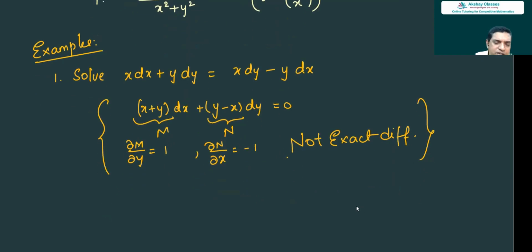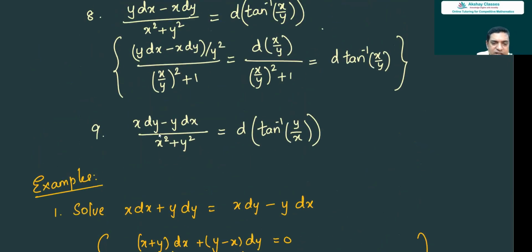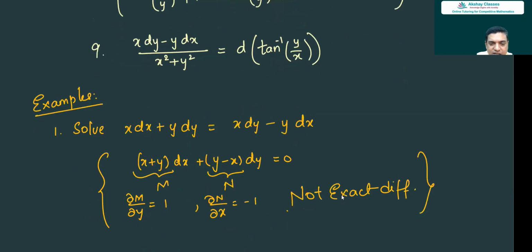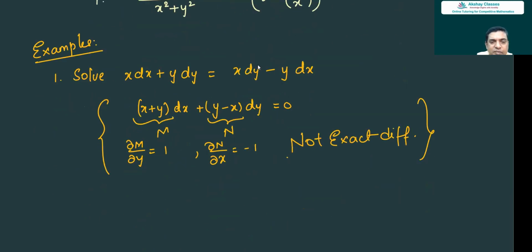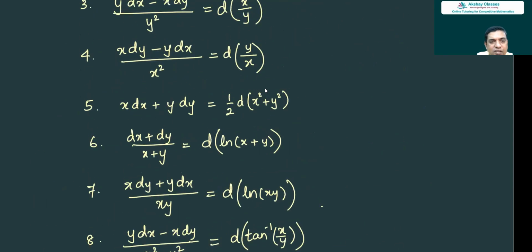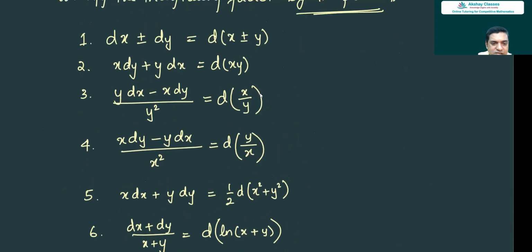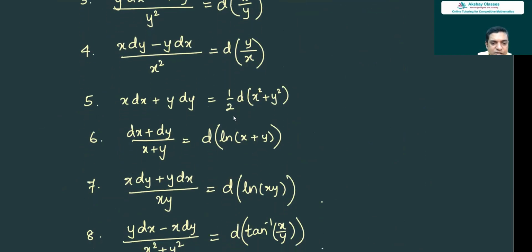So what is the alternative? How to solve it? Now you look into all these expressions. If I multiply by a factor, then this should become an exact differential. So look at this: x dx plus y dy.